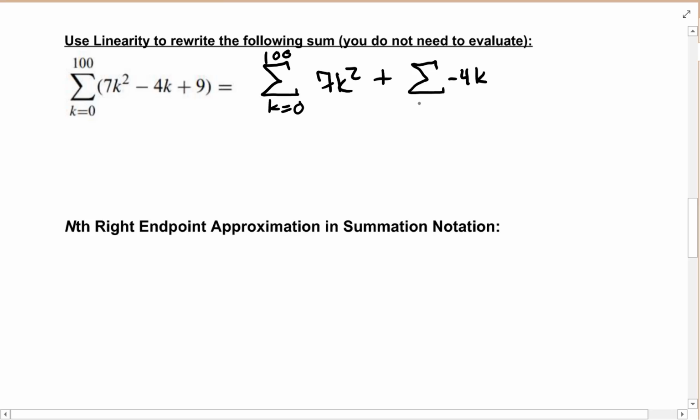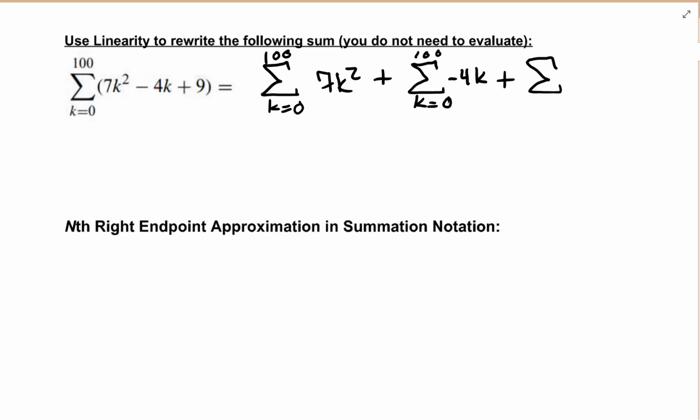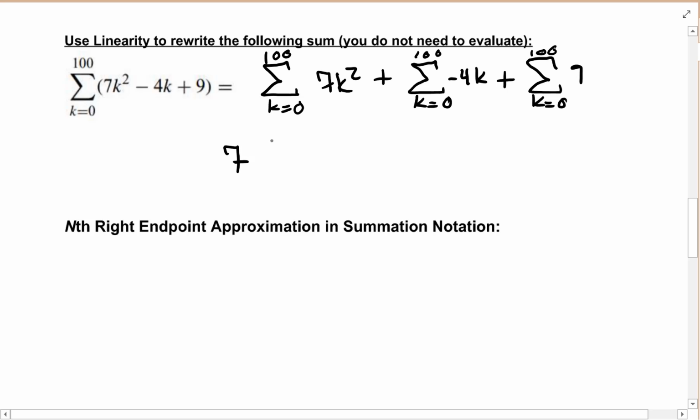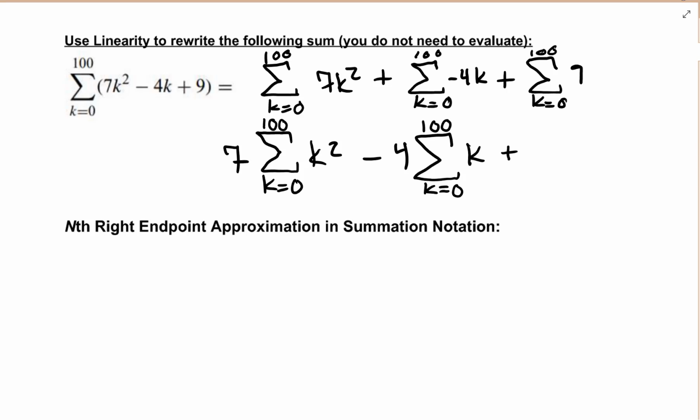You also could have written it as subtract the sum of positive 4k. We will end up factoring that negative 4 out anyways, plus the sum of your last term. In this step, let's factor out any constants that we may have. Factoring out the 9 is not going to change anything.